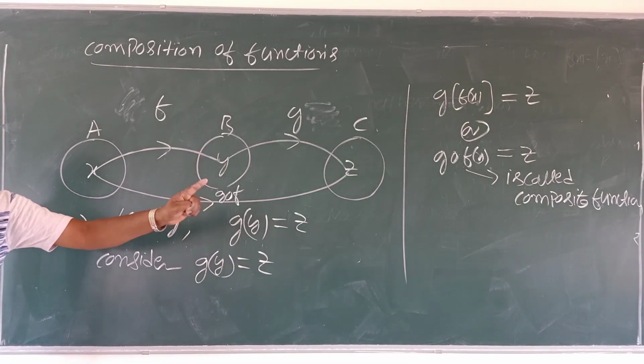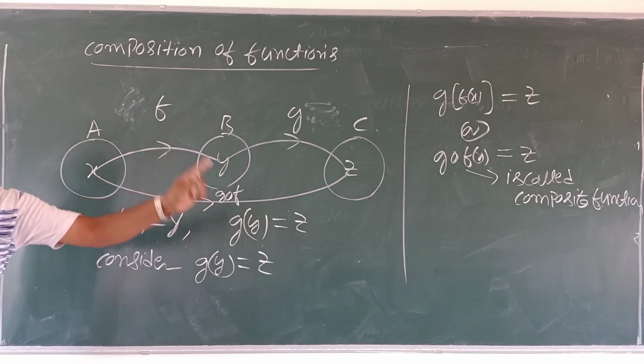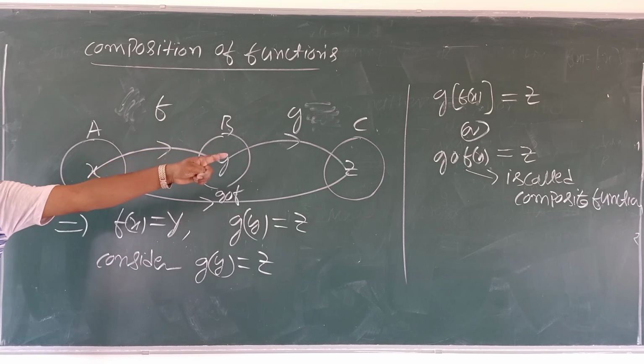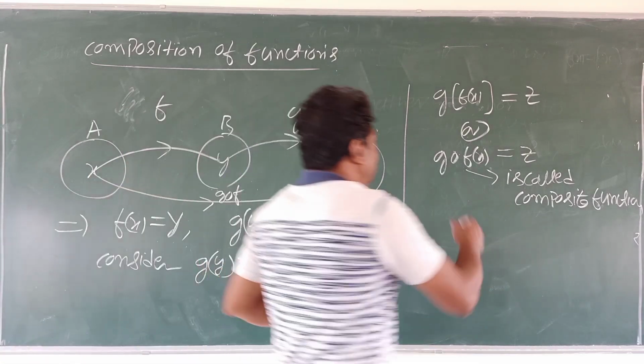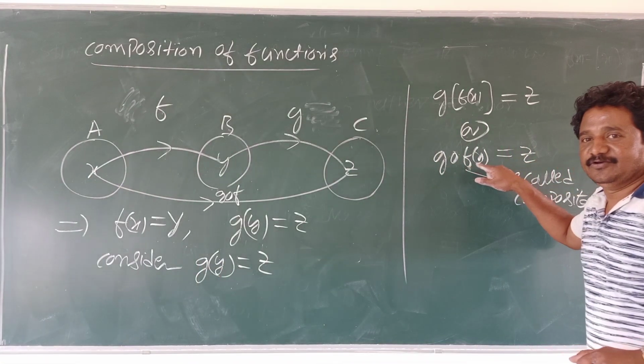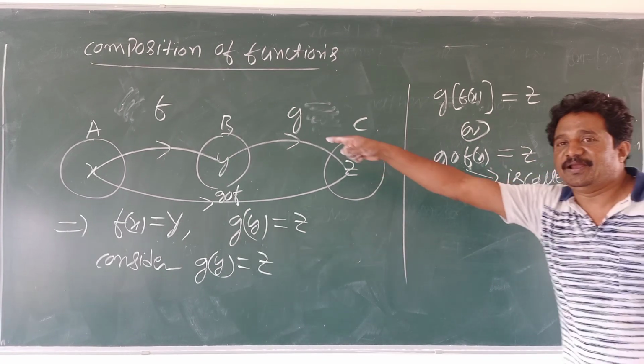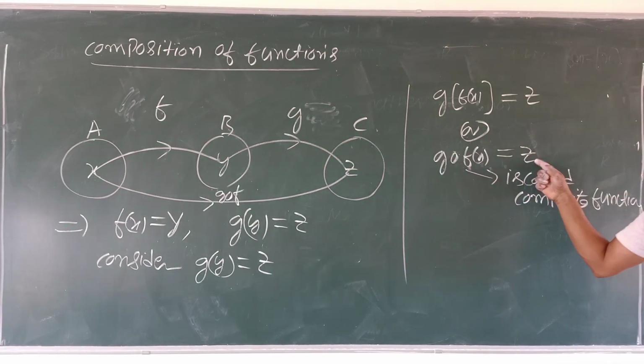The composite function g o f relates all the elements of set A with what? Set C. Look at this. g o f is relating what? x with z. Where is that x available? Set A. Where is that z present?